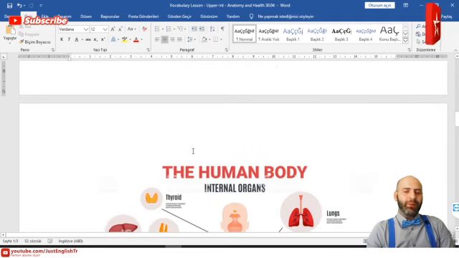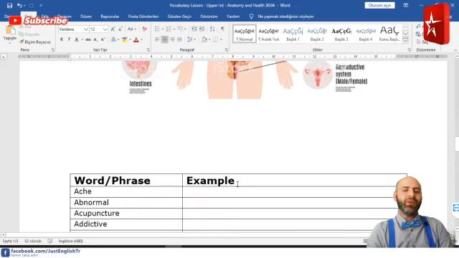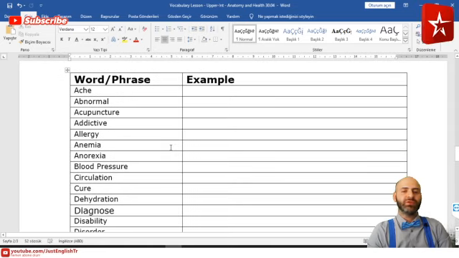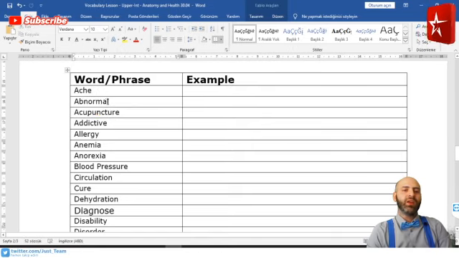Okay, so our body and internal organs are done, and now we can move to some of the words and phrases that we can use when we are talking about our health and when you want to maybe go to doctor. The first thing is ache. We use it as verb and as a noun, both. It is the same meaning with pain.